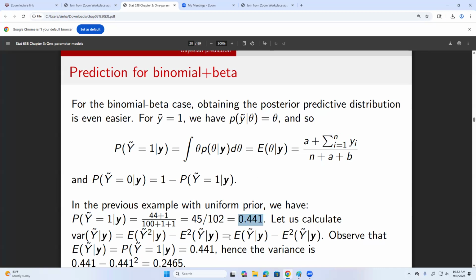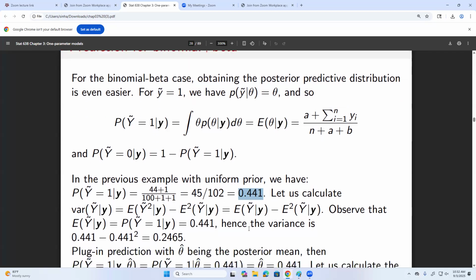Now let us also calculate the variance of y tilde given y. And how do you calculate the variance? The variance of a Bernoulli random variable is probability of success times 1 minus probability of the success. Now the success probability came out to be 0.441. So it is 0.441 times 1 minus 0.441, which is equal to 0.2465.